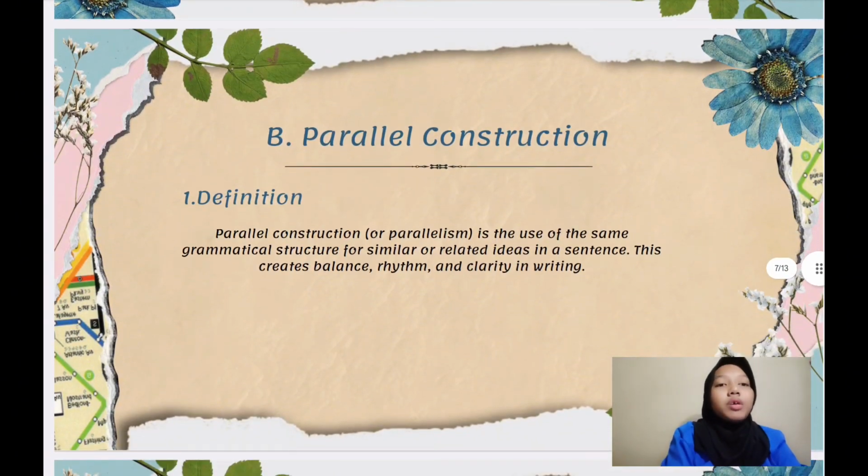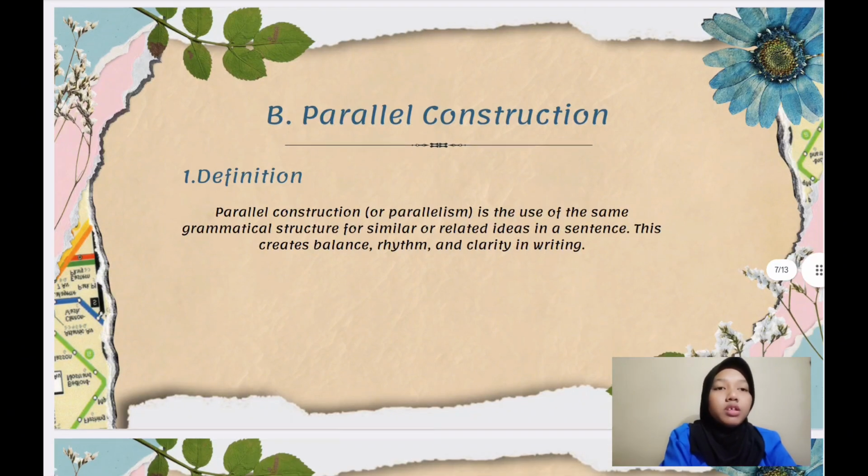Next to the topic, part 2. Parallel constructions. Next, let's move on to parallel constructions, or sometimes called parallelism. Parallelism means using the same grammatical structure for ideas that are related or similar.